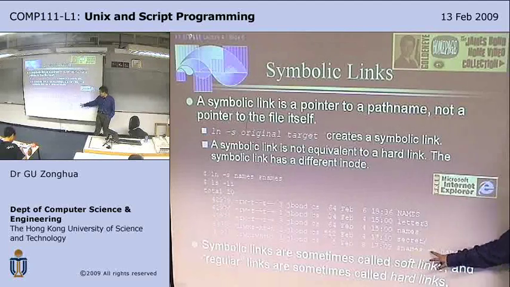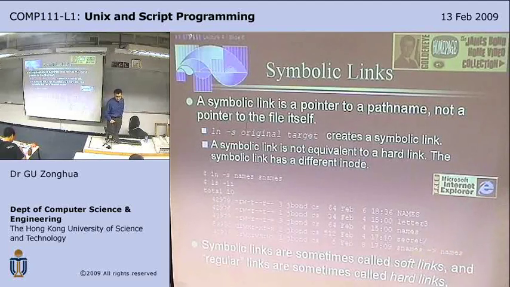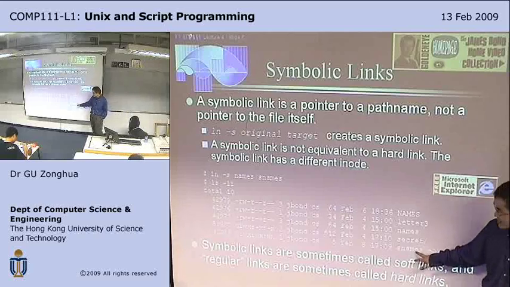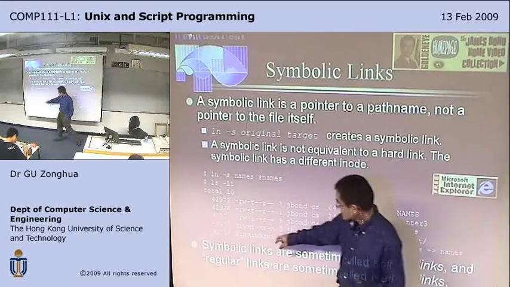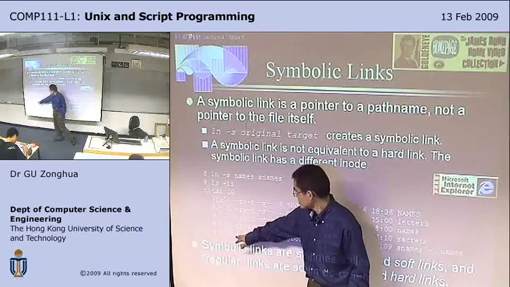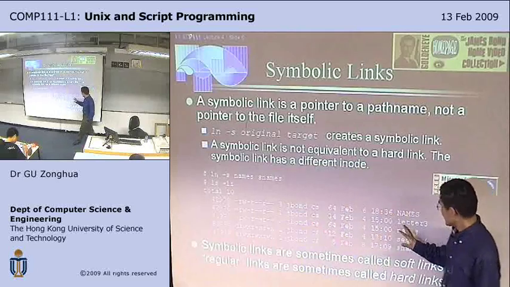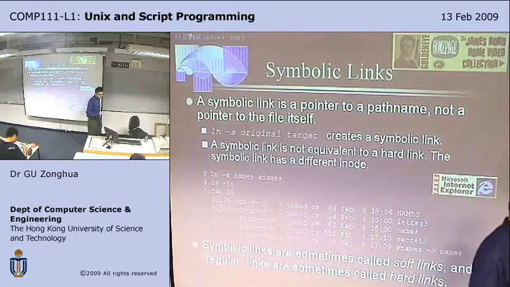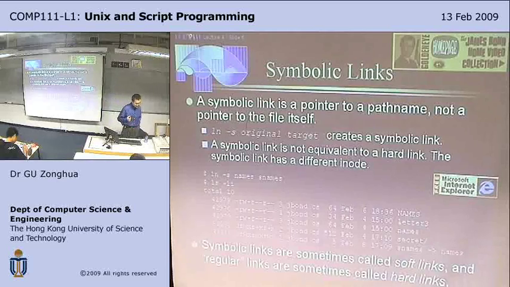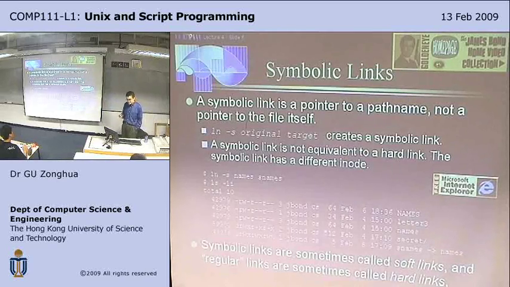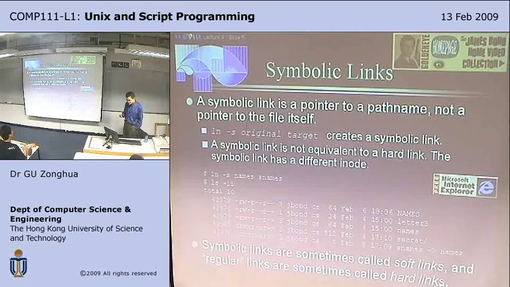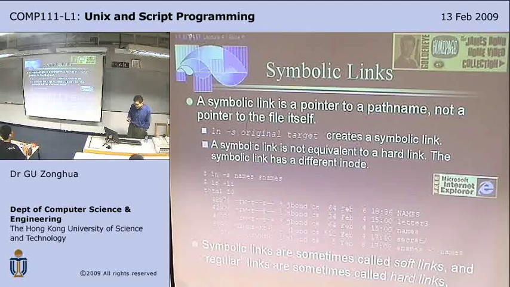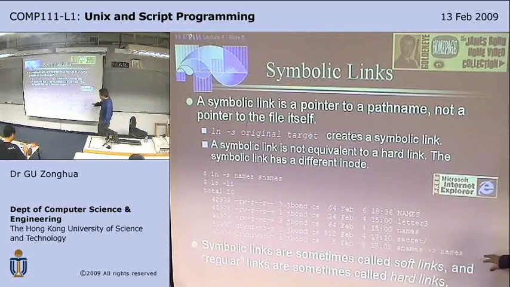If you do ls -li, you can see s_names arrow names. This means that it's a symbolic link, and its inode number is 42916, which is different from the inode number of 42979. So it's a different entry in the system table. And notice it has a different size.